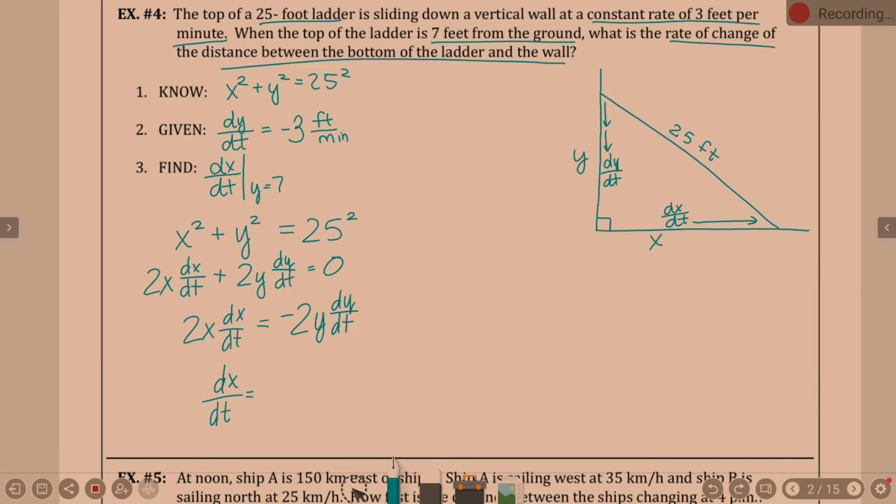Then if I divide by 2x to get dx dt by itself, say the 2's cancel. Are you okay with that concept? The 2's cancel. I'm going to have negative y divided by x times dy dt.